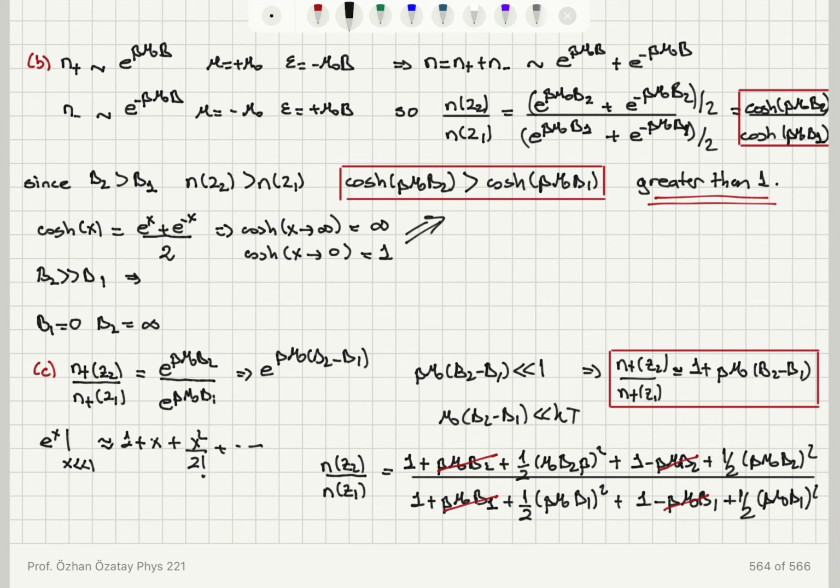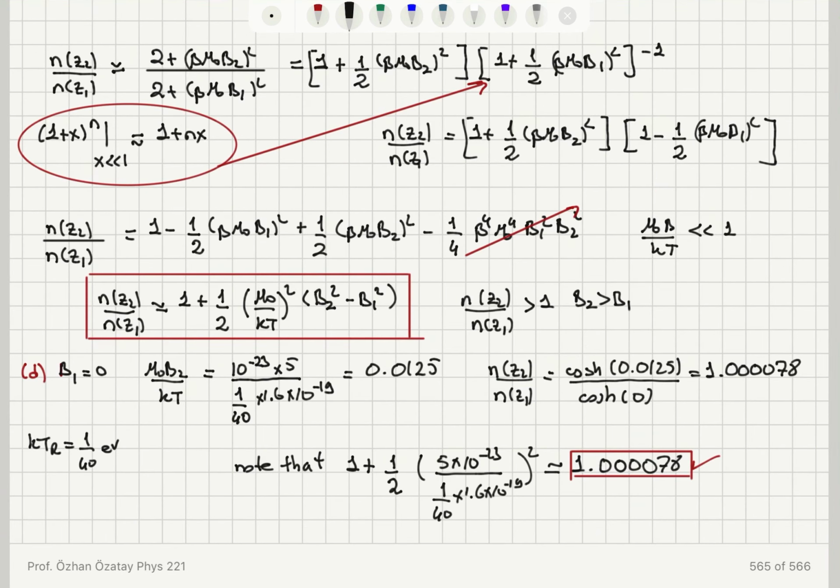When I look at the answers to part A and B, when the beta mu 0 B value is much less than kT, I find that my approximate answer is 1 plus beta mu 0 (B2 minus B1) for the n plus ratios, and it is 1 plus 1 half beta mu 0 squared (B2 squared minus B1 squared) in the total mean moment calculation.